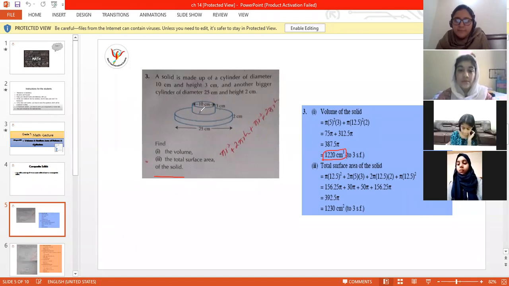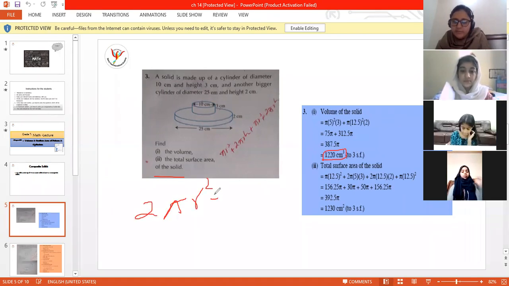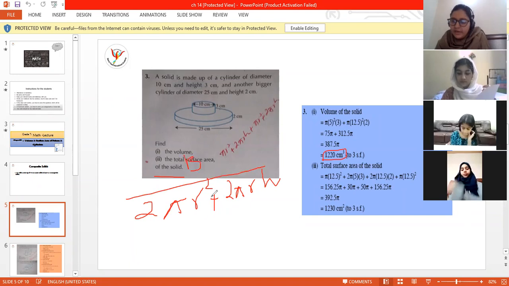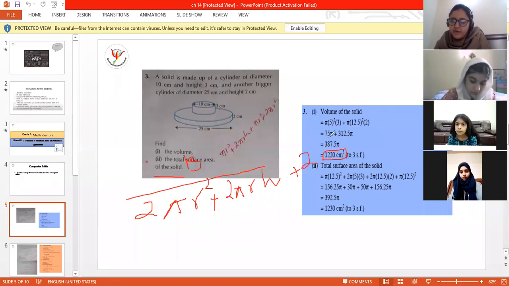First of all, just calculate the area of this bigger cylinder: 2 pi r square plus 2 pi r h. This is the bigger cylinder, right? The surface area of the bigger cylinder plus the surface area of the small cylinder. The formula is the same, 2 pi r square plus 2 pi r h. This is the small cylinder.